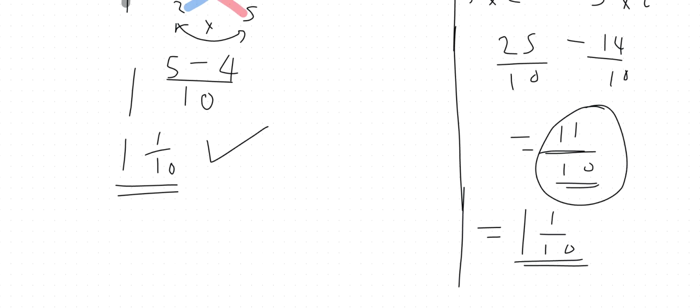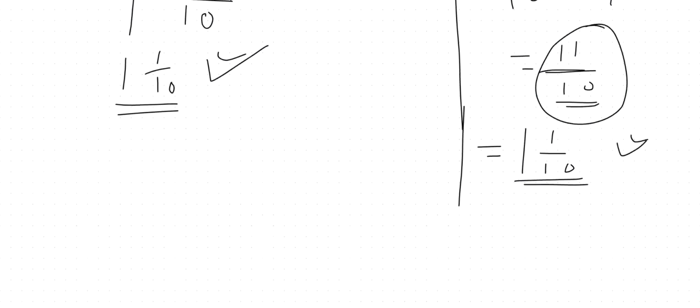So which one would you prefer? Would you prefer this one or this one? Which one do you think is faster? I love to use concepts, and I like to use one method and then use another method to confirm the first method.